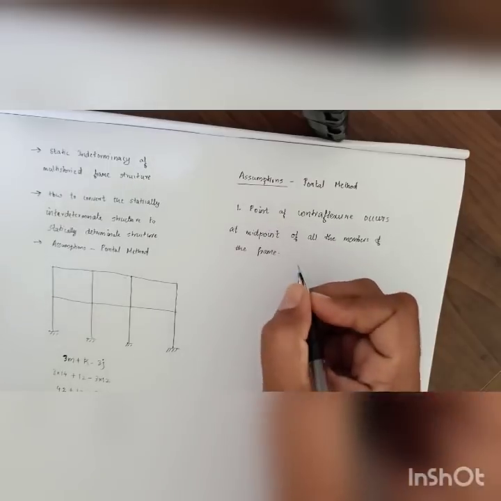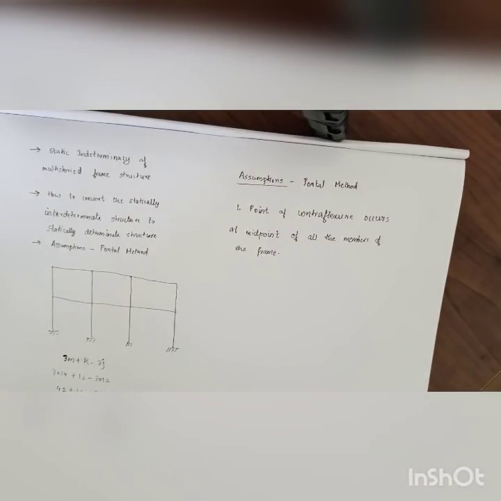So I have written one assumption. Now we can see the application of this assumption. With this assumption, we are trying to convert the statically indeterminate structure into a determinate structure.